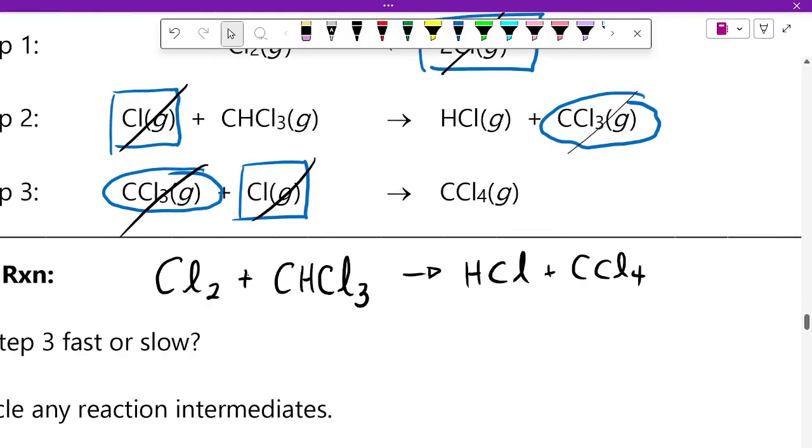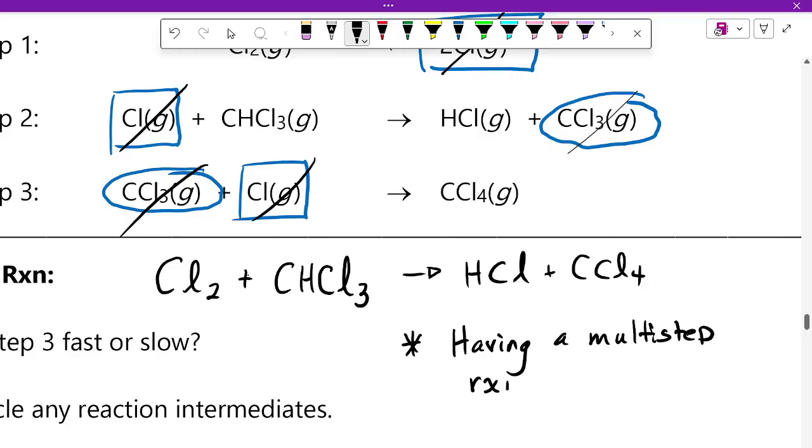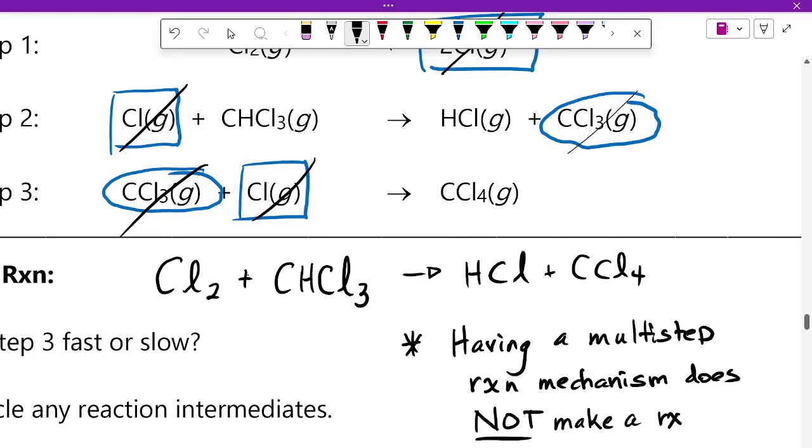It could be slow, it could be fast, but it doesn't depend on whether there's a mechanism or not. Basically, it still just depends on the activation energy, okay?